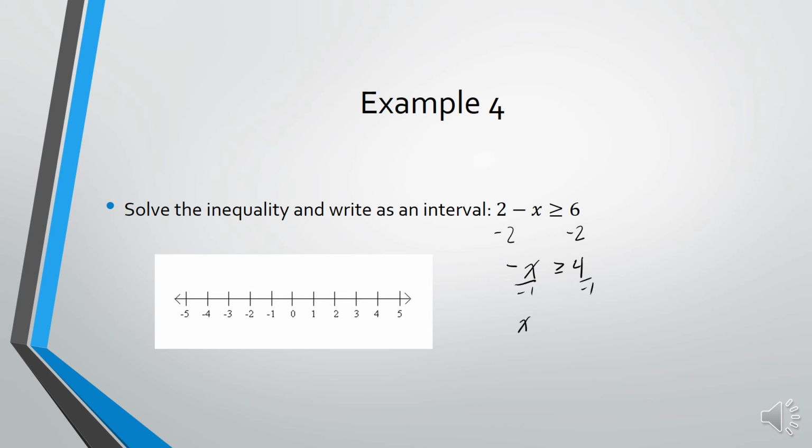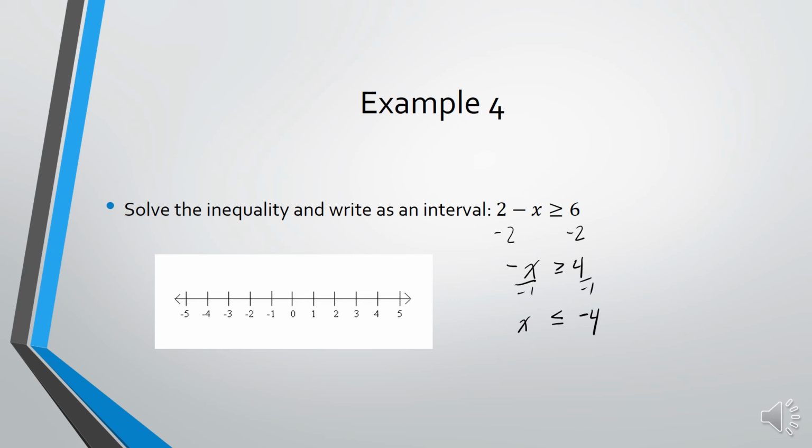That gives me an x on the left and a negative 4 on the right. But because I just divided by a negative, I'm going to flip that inequality. Instead of greater than or equal to, it'll now say less than or equal to. That's the only difference: if you multiply or divide by a negative, flip the sign.